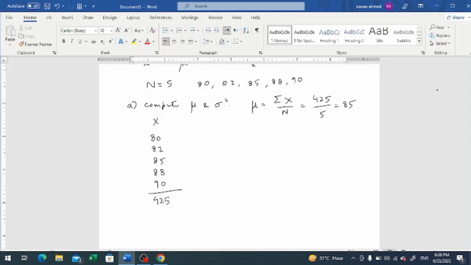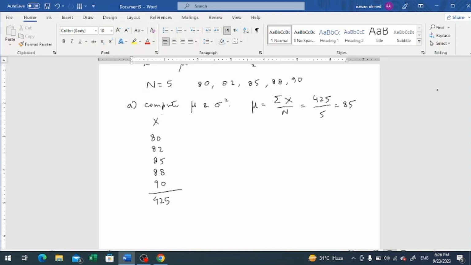Over here, I will focus on one important aspect of the data. The central value given in the data is 85, and if we have a close look at the neighborhood values of 85, 82 lies 3 units below 85, whereas 88 lies 3 units above 85.